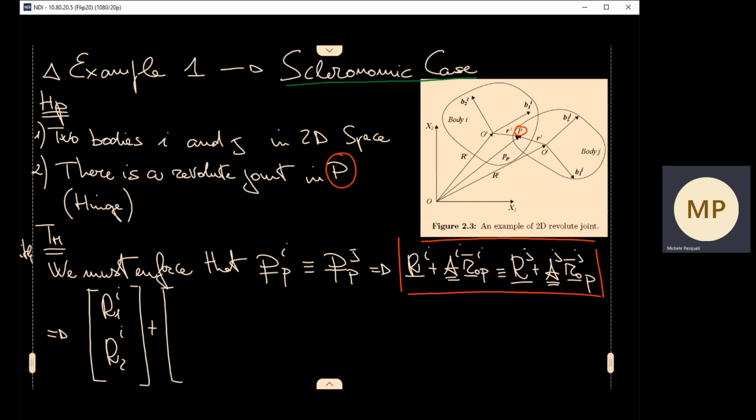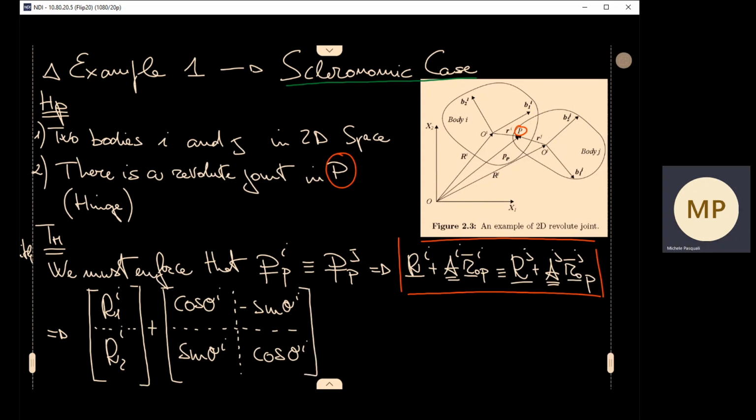It's very easy. It's cosine of theta I, minus sine of theta I, sine of theta I, cosine of theta I. Okay?